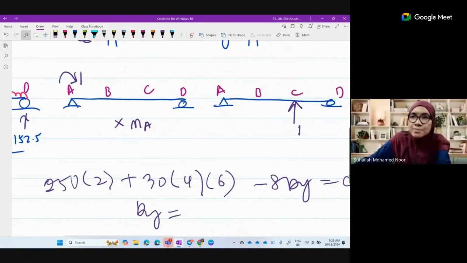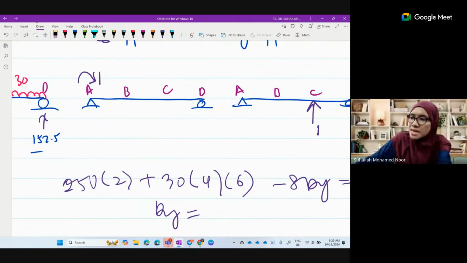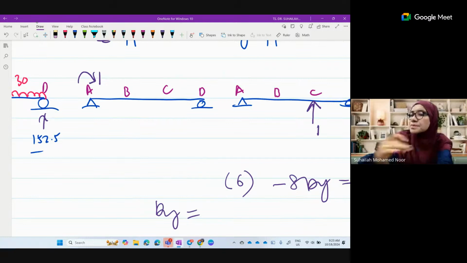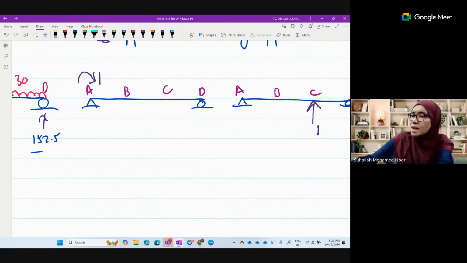Okay, sama, the same process saya buang MA ni kita nak just focus on a unit value at A. So now kita kira pula AY dengan DY for redundant 1. Okay, it is 8 DY. 1 bagi 8 lah. Kan, DY 1 bagi 8 kan?